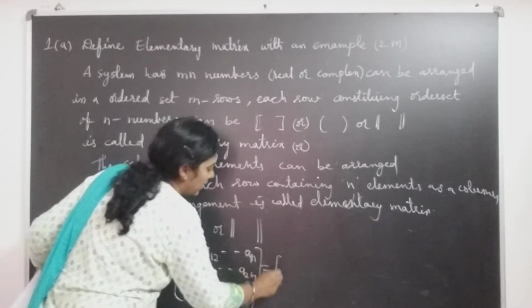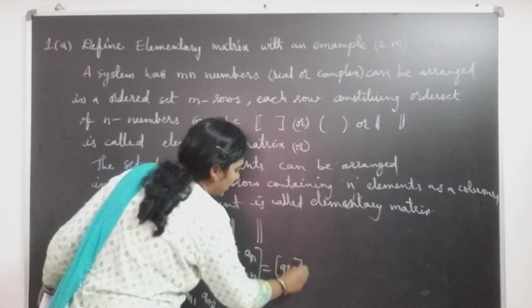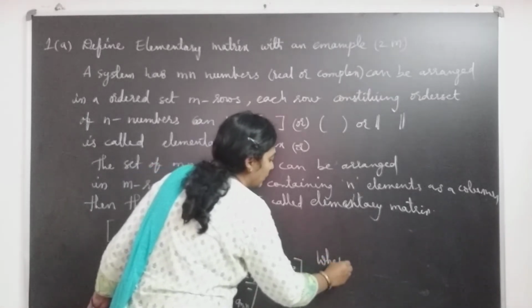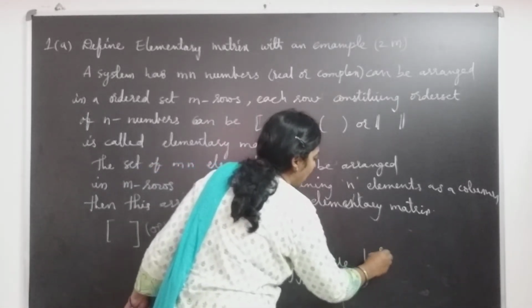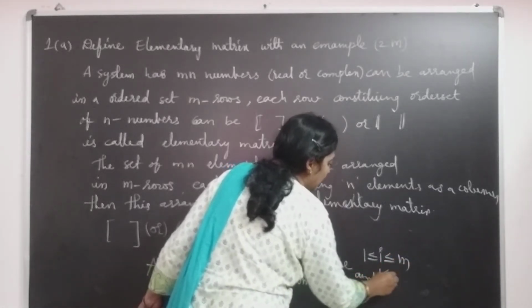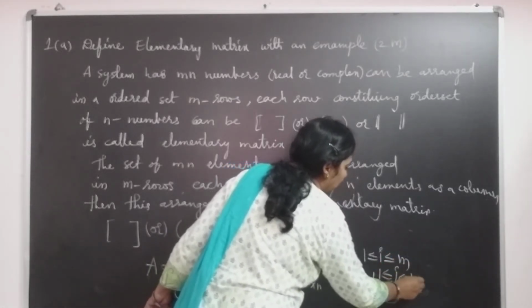It is simply written as Aij, an m by n matrix, where 1 is less than or equal to i is less than or equal to m, and 1 is less than or equal to j is less than or equal to n.